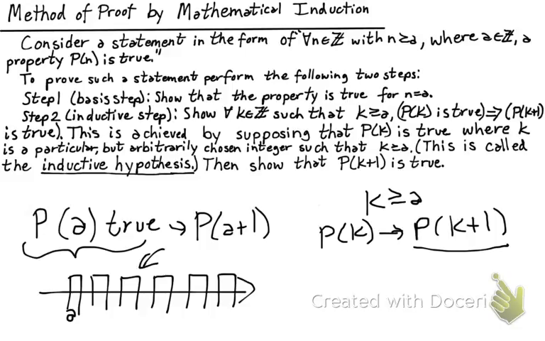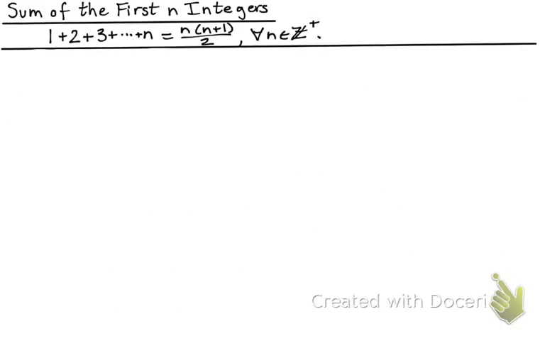The sum of the first n integers, when you start with 1 and you add up 2 and 3 and 4 and 5 until you get to whatever n is, equals n times n plus 1 over 2 for all n in the positive integers.